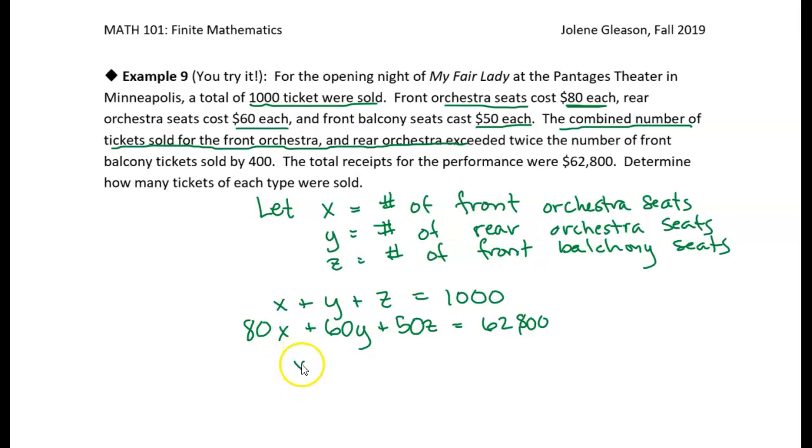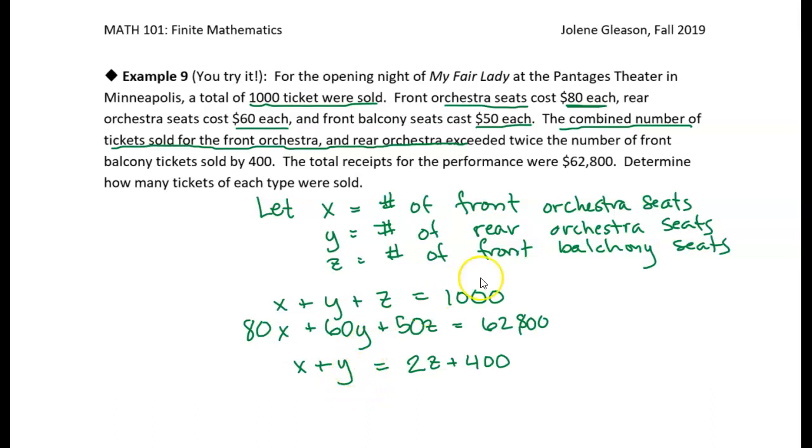All right, so that's X plus Y. Okay, so the combined number of tickets sold for the front orchestra and the rear orchestra exceeded twice the number of front balconies, so 2Z, by 400. Okay, so if we take twice the number of balcony seats and add 400 to it, we'll get the combined number of front and rear orchestra seats.